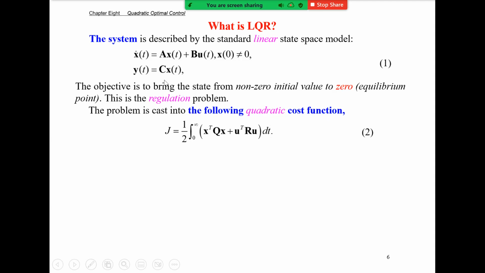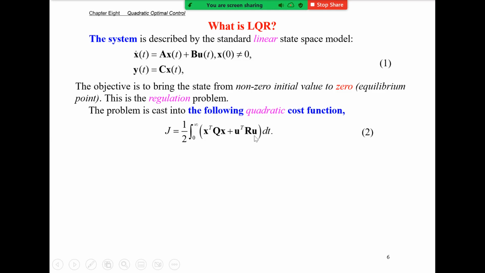Because there are many states, x is a vector, and the input may also be multiple inputs. That's why we use what we call the quadratic form: the transpose of the vector times a symmetric matrix Q times x, and this R is also a matrix.